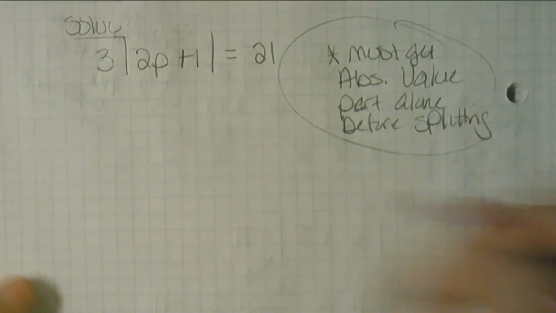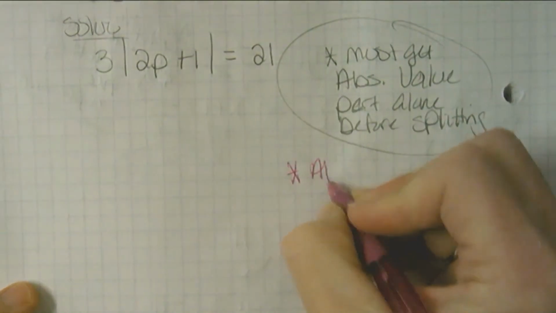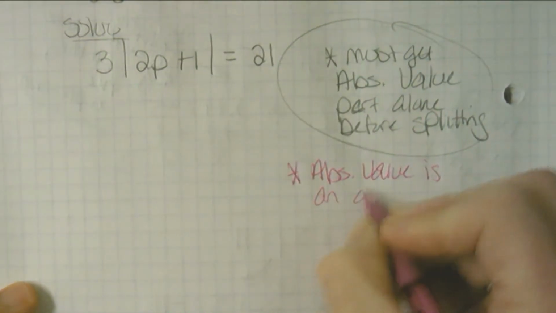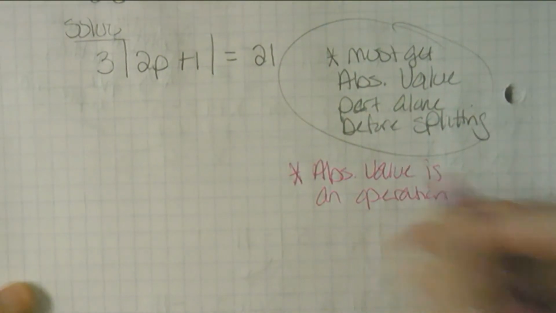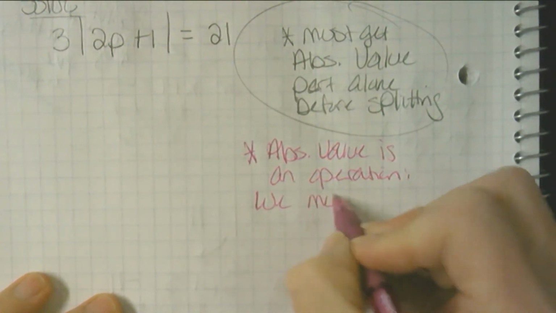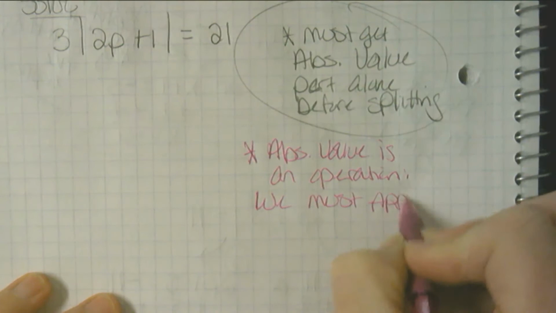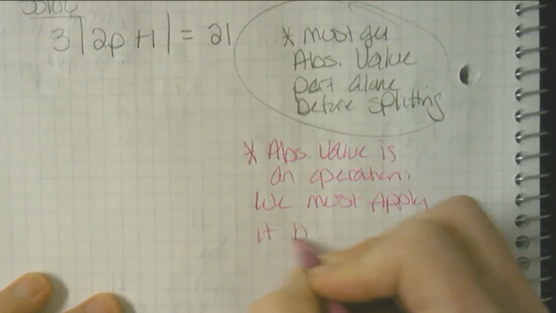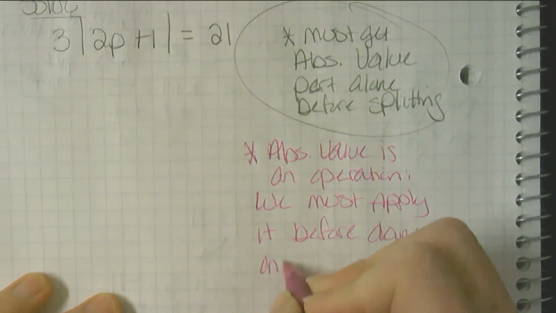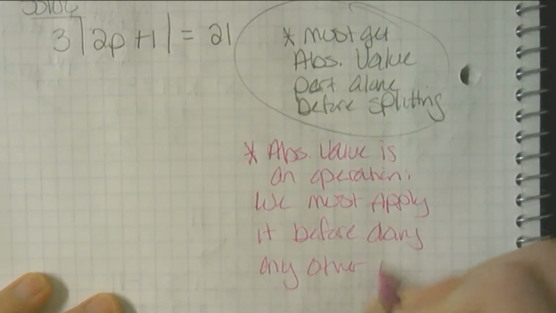So somewhere on here: absolute value is an operation. We must apply it before doing any other math.